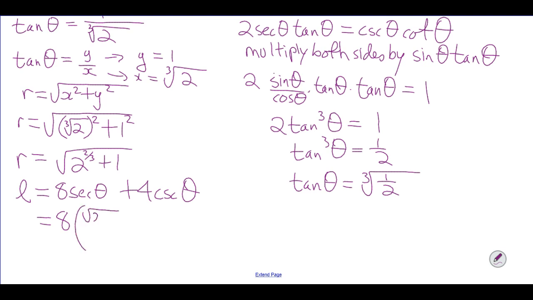So it's the square root of 2 to the 2/3 plus 1 over x, which is the cube root of 2, plus 4 cosecant theta. So cosecant, so sine theta is y over r. This will be r over y, plus 4 times the square root of 2 to the 2/3 plus 1 over 1.